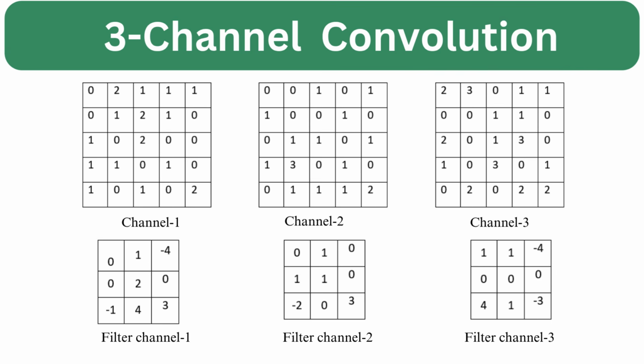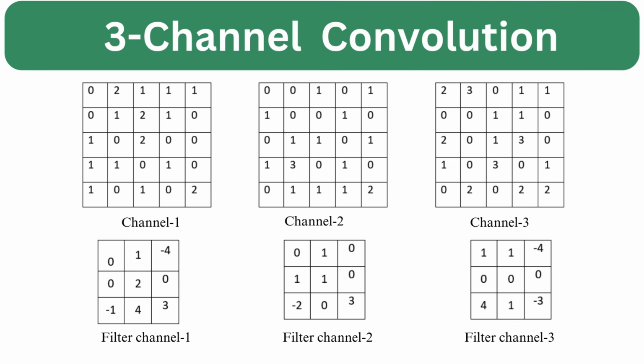So now we would have a 3 by 3 by 3 filter, and each channel would have different values. So now we have 3 input image channels and 3 filter channels. Remember, this is only a single filter, but it has 3 channels. Similarly, we have a single image, but it has 3 channels.